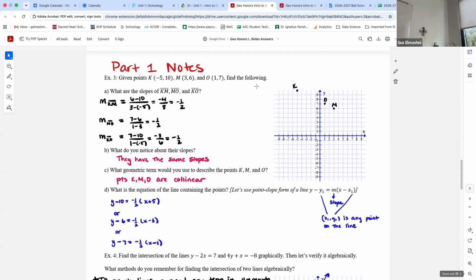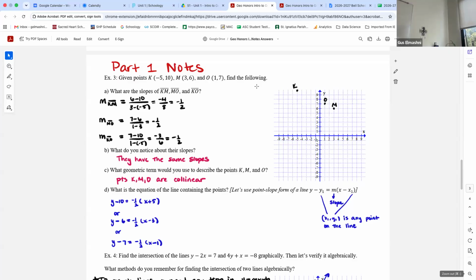And then how you write the equation of the line: my preference is you express equations of lines in point-slope form. Just get in the habit of that, because you guys are three years away from taking a calculus course. Next year you do algebra 2 honors, maybe pre-calculus, then calculus. It's the norm that we tend to write the equations that way. If you want to write it in slope-intercept form, y equals mx plus b, it's good to know that too and how to interpret it, but I prefer you write it the other way.